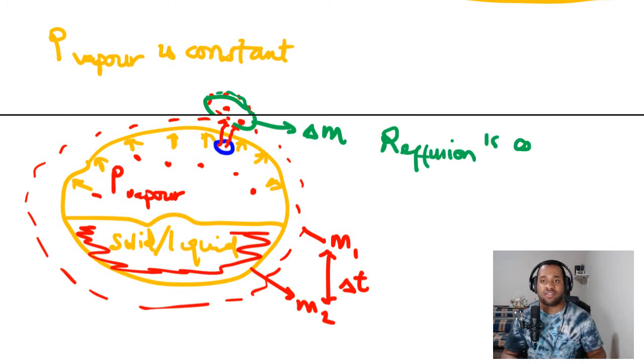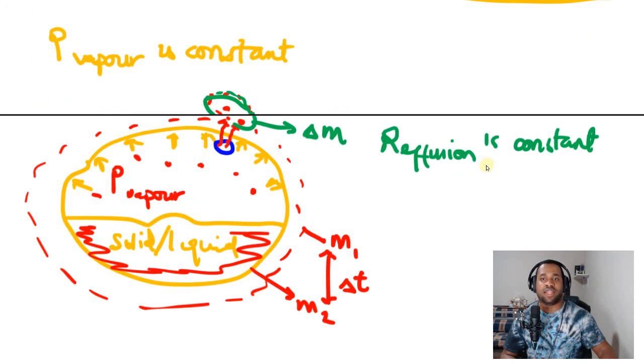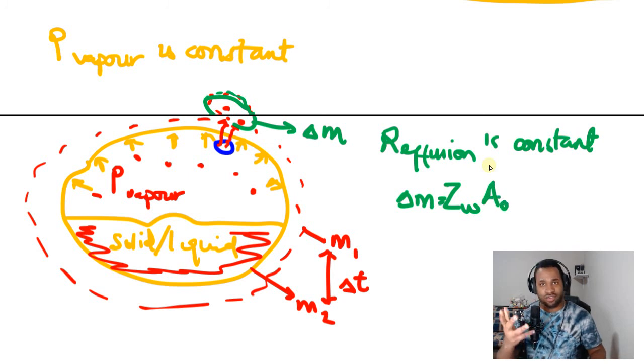is constant. And so once the rate of effusion is constant, we will lead to our connection with our mass in terms of our change in m, which I'm going to bring right down. Change in m is equal to the specific rate of effusion, which is ZW, multiplied by the area of the hole that is created.